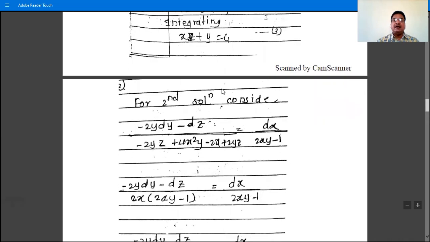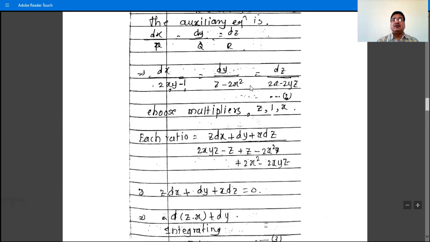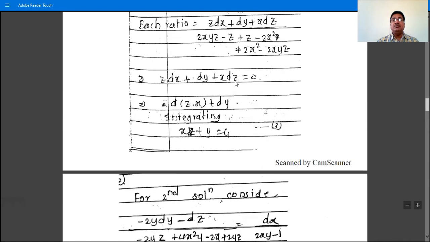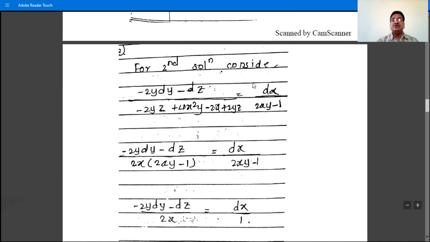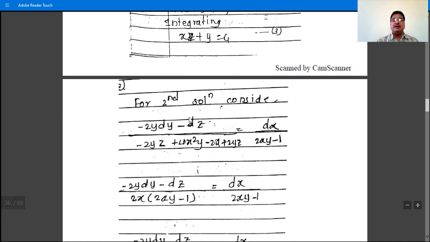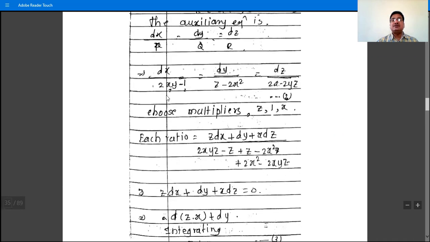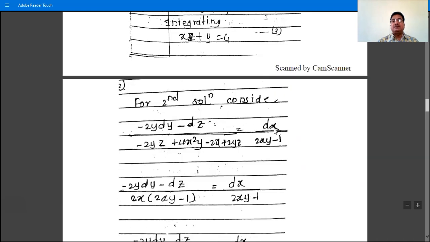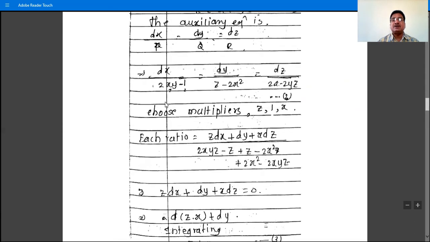Now we have to find another solution of equation number 2. For the second solution, consider -2y dy - dz equal to the first ratio dx/(2xy - 1). That is, choose multipliers 0, -2y and -1, and in the place of each ratio consider the first ratio.